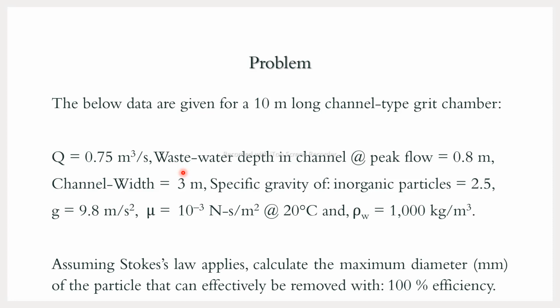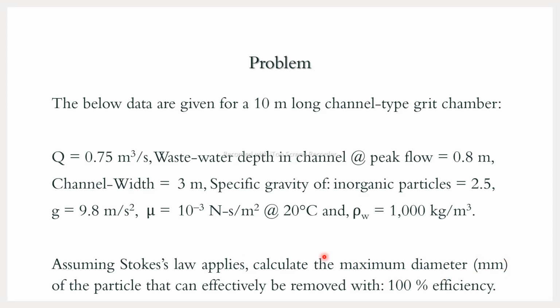The formula that I told for drag force, F equals 6 pi eta R V, sorry, 3 pi mu d V, that will be used for deriving the formula for the maximum diameter.